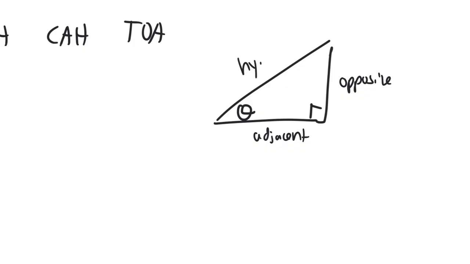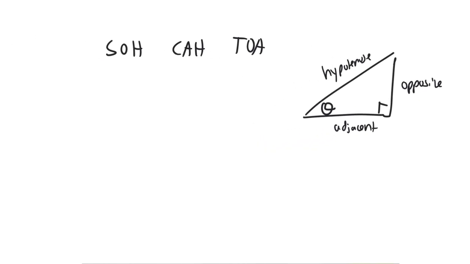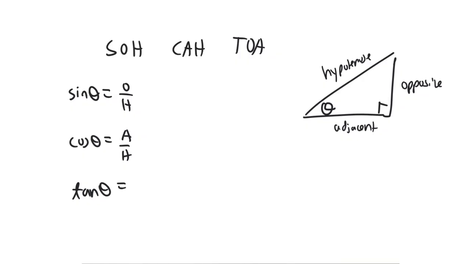And this is the hypotenuse. Now, SOHCAHTOA reminds us that sine of an angle is opposite over hypotenuse, O over H. Cosine of an angle is A over H, and tan of an angle is O over A.